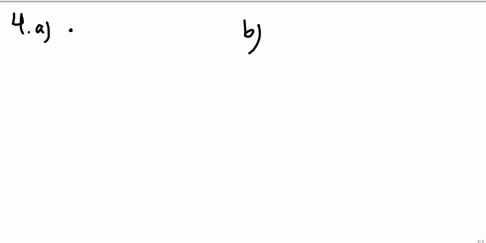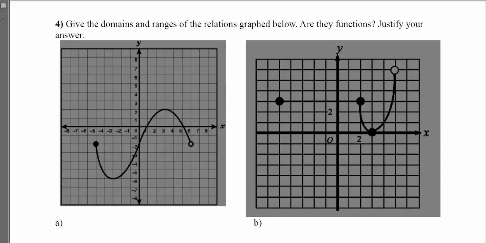Remember, domain is stating all the possible x values. So in this case, when it's a circle and it's filled, that means that x value is included and that y value is included.